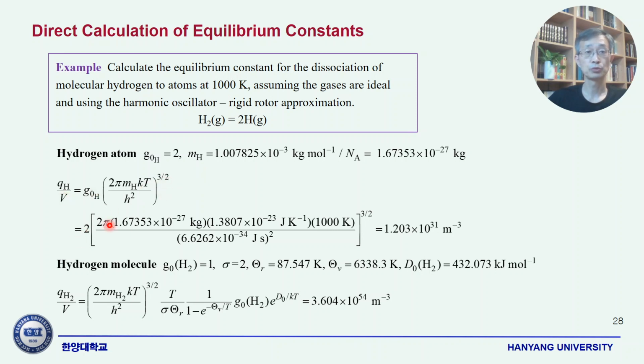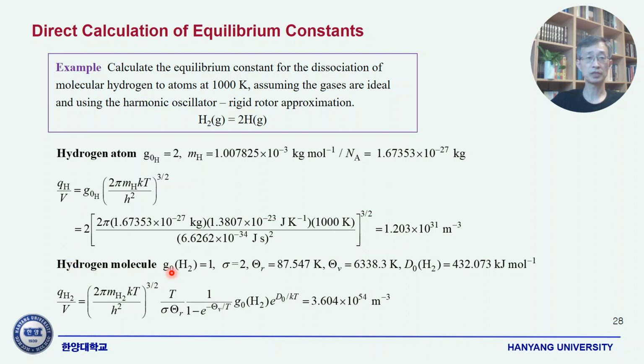So that's 2 times 2 pi, and the mass, and k, T, and then the Planck constant squared, and then the 3/2 power, and then this is it. Yeah, that's the hydrogen atom's partition function.